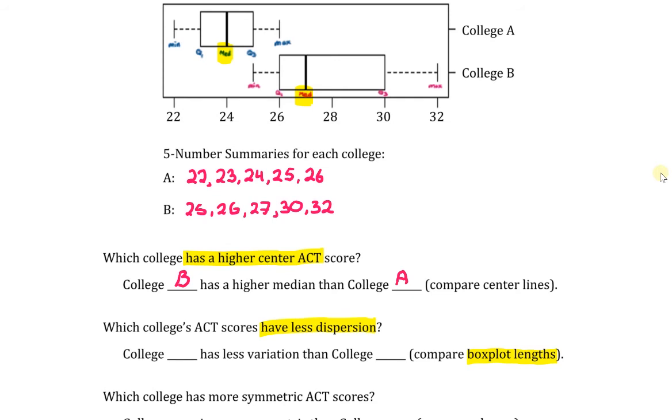Box plot A goes between 22 and 26, while box plot B has a range represented from 25 to 32. So we can see that College A has less dispersion or less variation than College B.